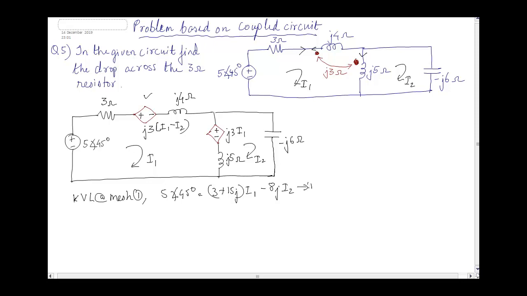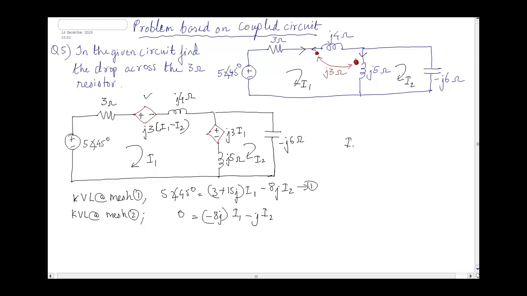This is the first equation. Similarly, KVL at mesh 2 gives me the equation 0 is equal to minus 8j I1 and minus j I2.